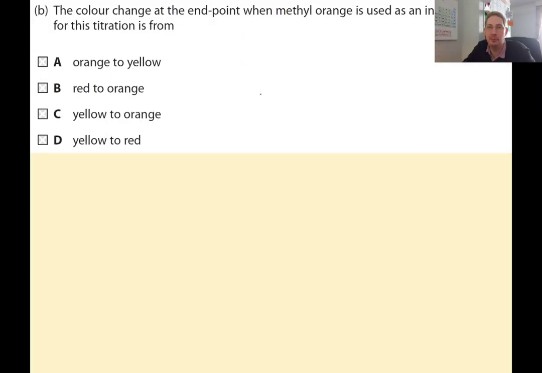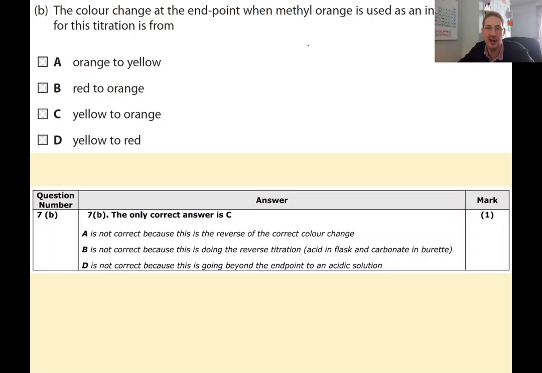Colour change at the end point when methyl orange is used as an indicator for this titration is right, C. Now, I do want to clarify something that I got wrong in my video.